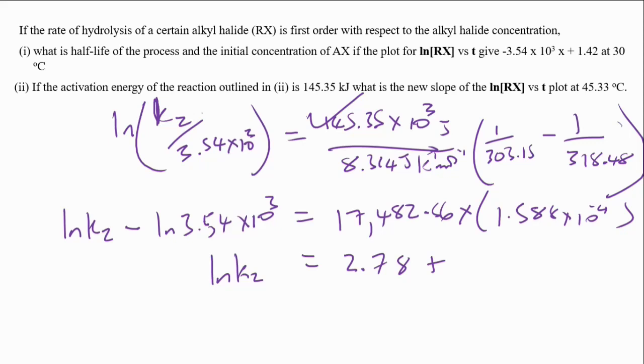Okay, so this is what I have now: 8.17, which simply means that K2 must be equal to the exponential of that sum.